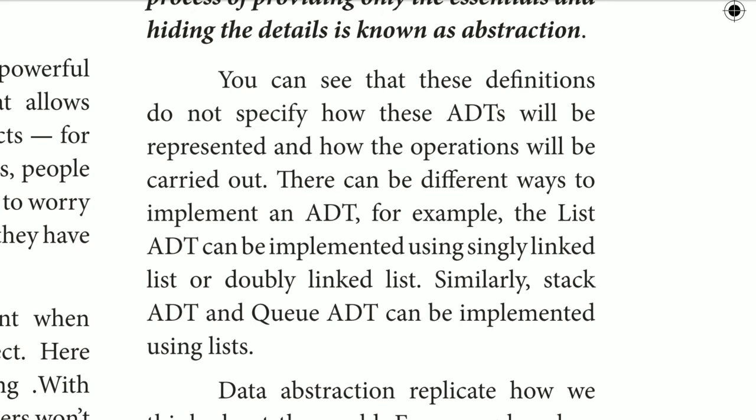Similarly, stack ADT and queue ADT can be implemented using lists. This paragraph is a small example of ADT. List ADT is an example of ADT, and it has two types: a single linked list and a double linked list. Stack ADT and queue ADT are the other examples.